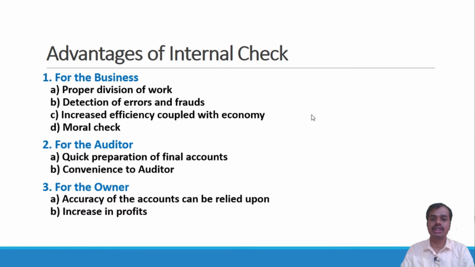Second advantage is increase in profits. Overall efficiency and economy in operations result in more profit, thus ensuring larger dividends for the owners or shareholders. So friends, these are the advantages of the internal check system to the business, auditor, and owner of the enterprise.